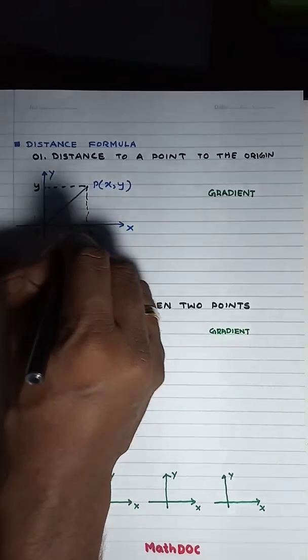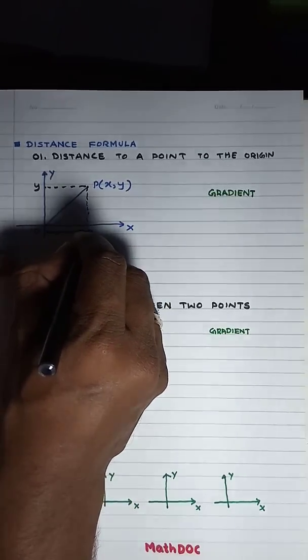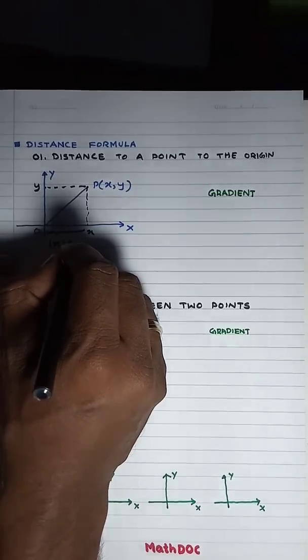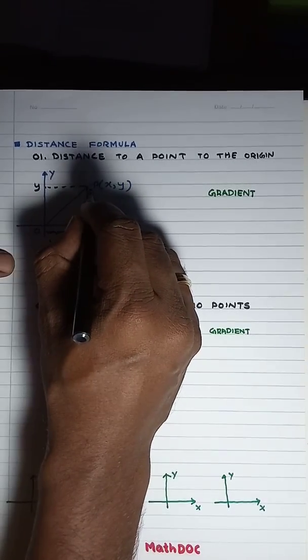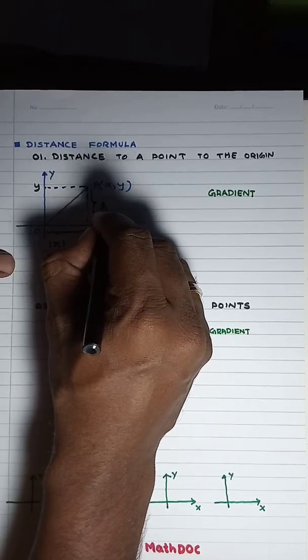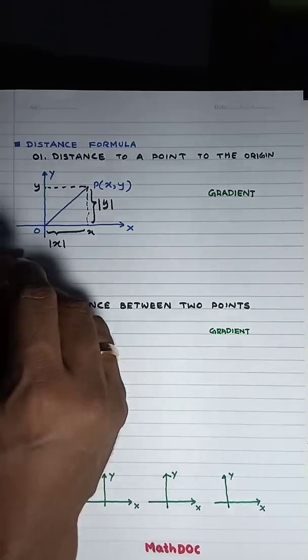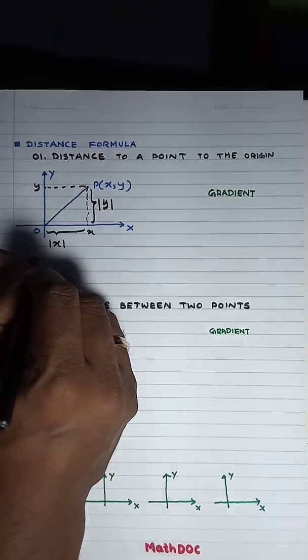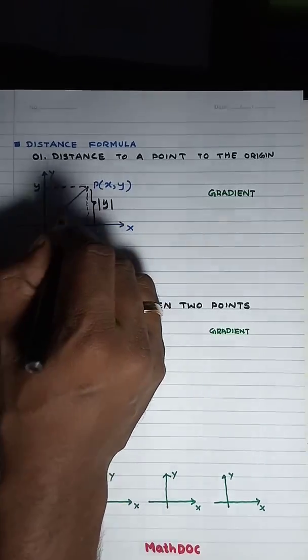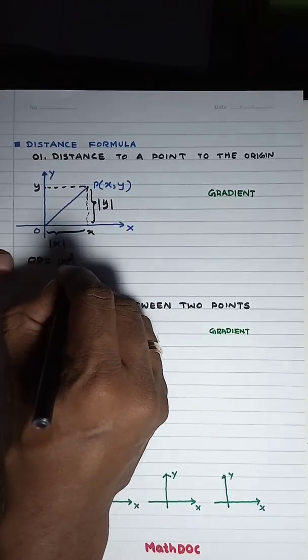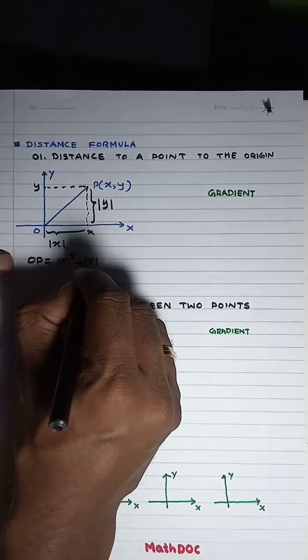This length we say modulus x, modulus meaning only the absolute value, and this length modulus y. Then by the Pythagorean theorem, OP equals the square root of modulus x squared plus modulus y squared.